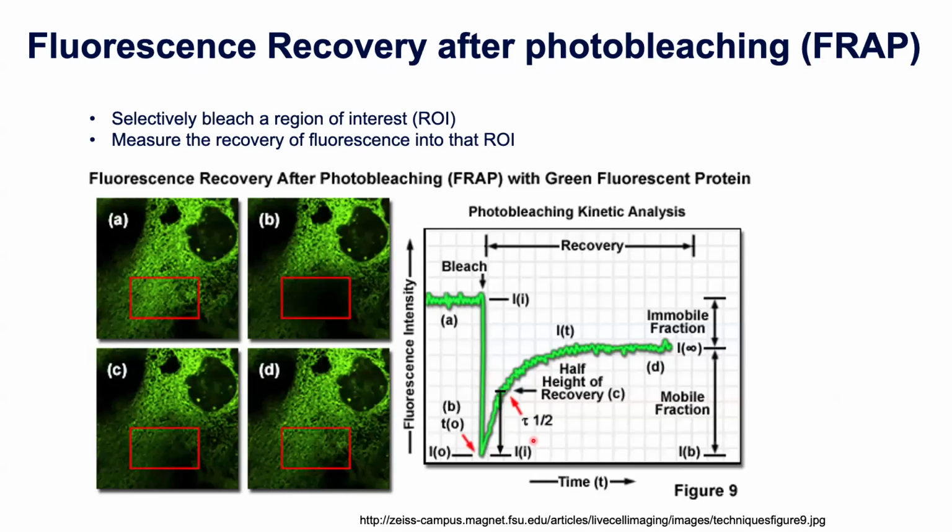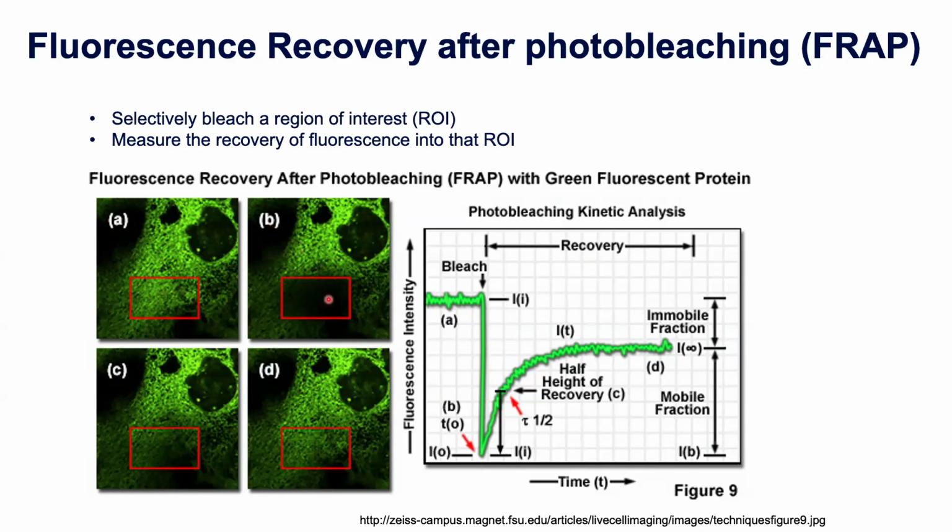So the first one is FRAP, so fluorescence recovery after photobleaching. In this case, we'd tend to use a point scanning confocal, although you can do this on some other systems as well. Here we have a region which is fluorescently stained, and we have a specific region of interest that we're going to, as we're scanning across, increase the laser intensity to actually cause photobleaching within this region.